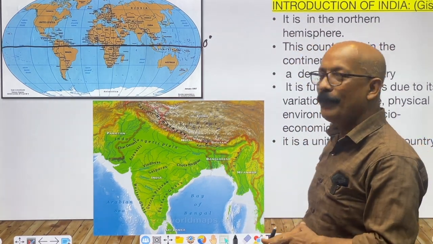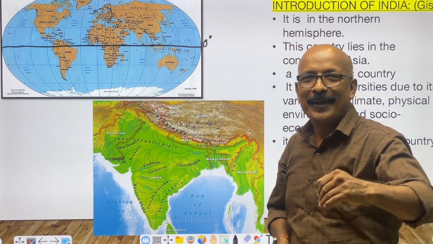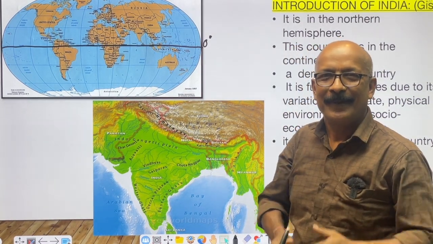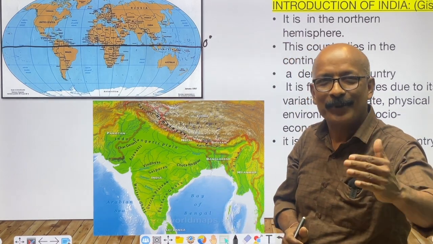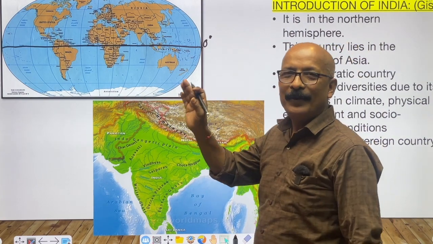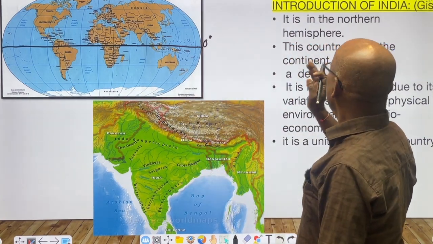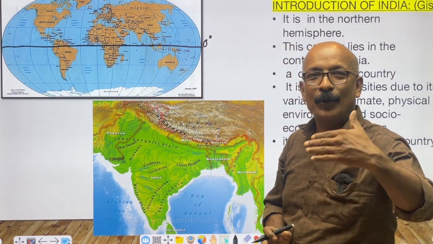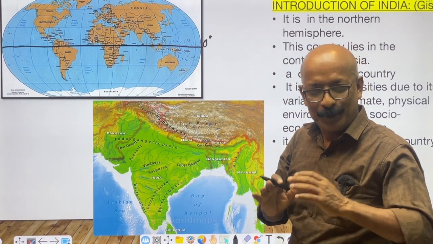As you know, the first thing to discuss is the preliminary or the basic things of a topic. This is called introduction, the introductory part. So first of all, we see that our country India is situated in the northern hemisphere. As you know.